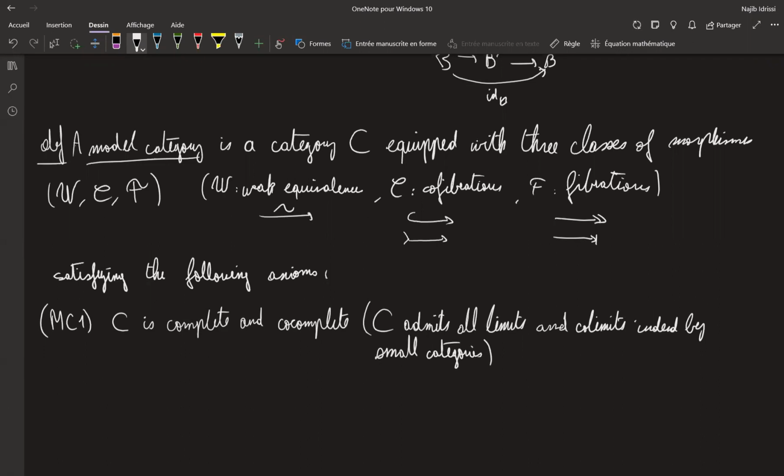Okay. So by small categories, I mean that the objects and morphisms of the category form a set. So again, this is the kind of set theoretical issues that we are not going to talk much about, but it's important to say at some point because it's not possible for a category, in general, to admit really all limits and co-limits.